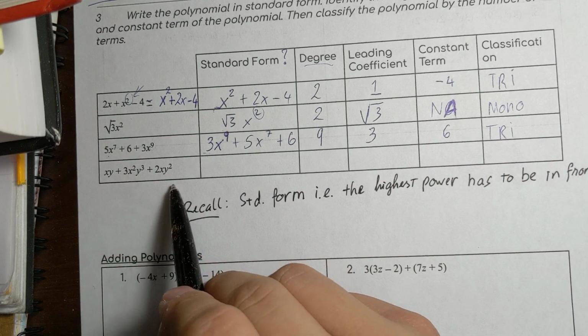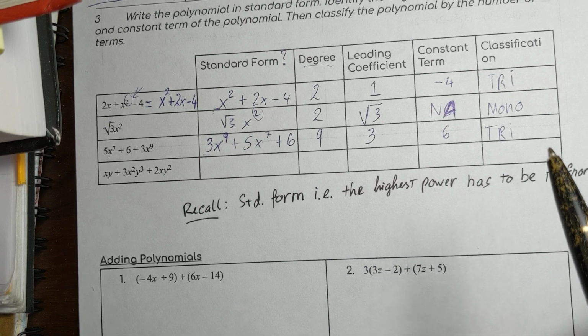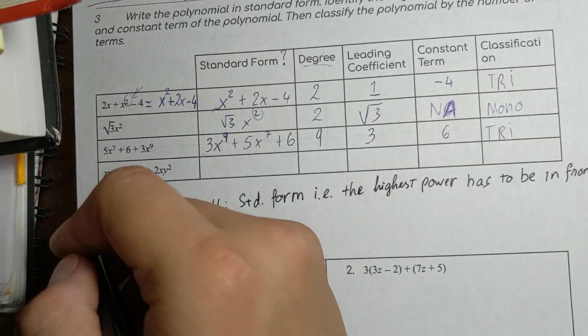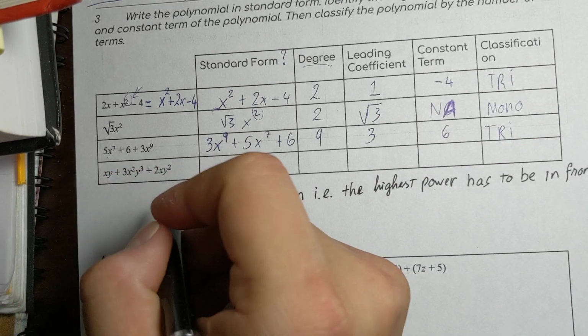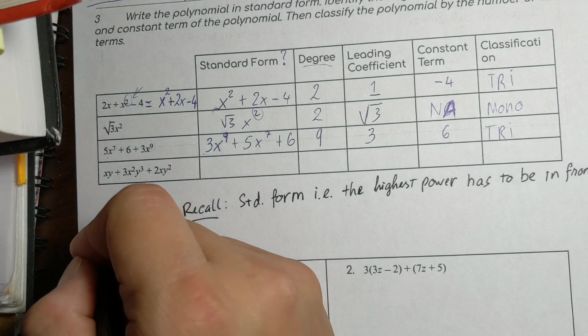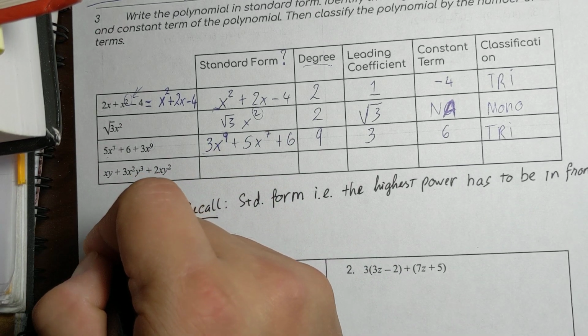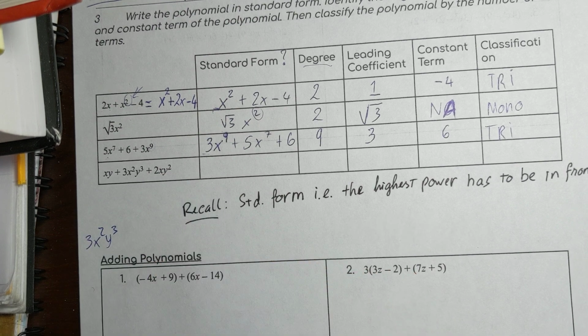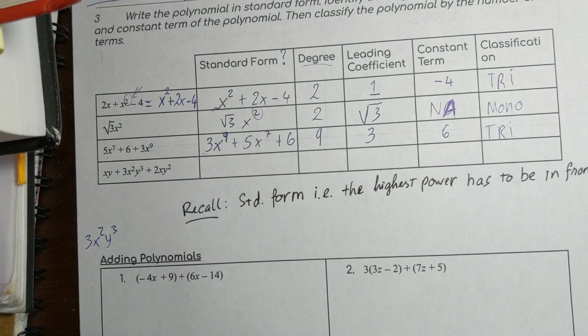The last one is kind of tricky here. If you don't remember this, back in Math 1, we did something called degree. Basically, every time you have something crazy like 3x^2y^3 and you wish to find the degree of that, all you have to do is just add the degrees together.